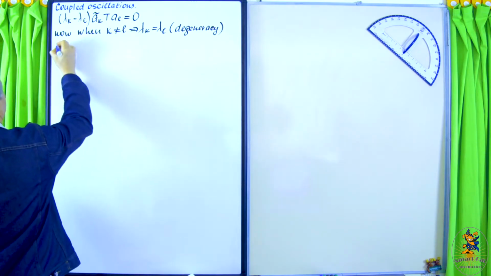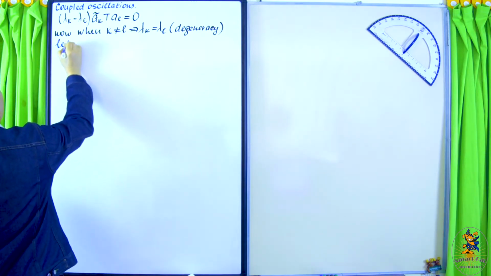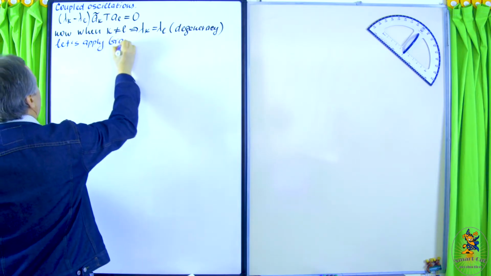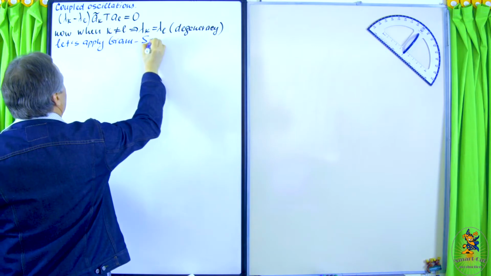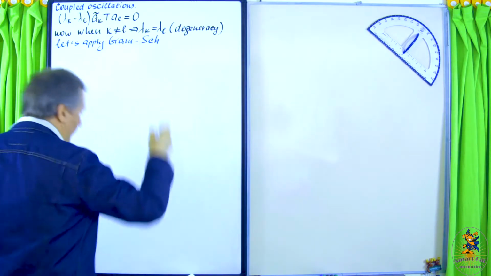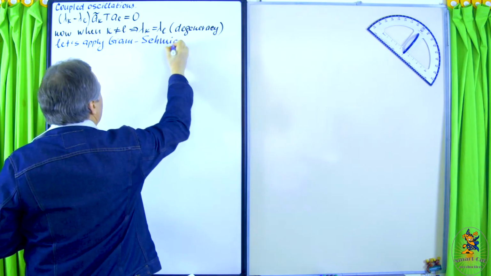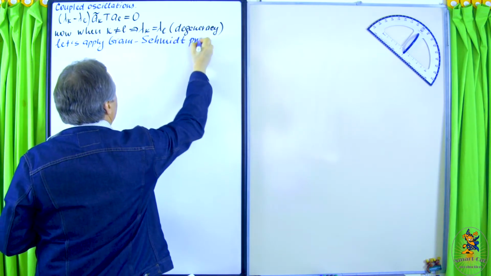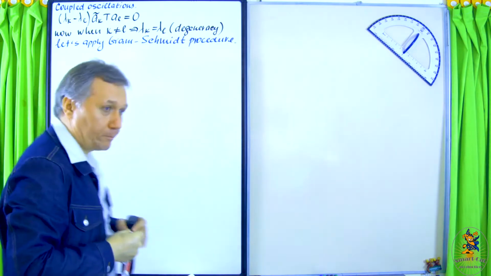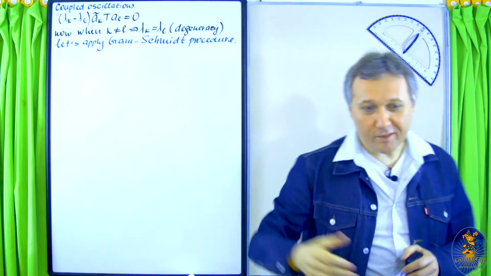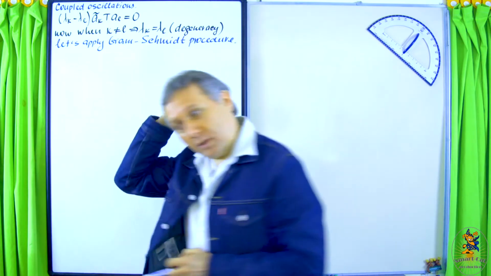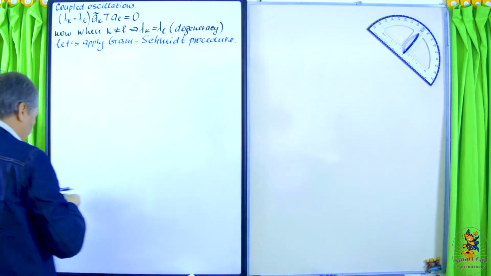Let's apply the Gram-Schmidt procedure. Let's assume that we solved our eigenvector problem and found all the eigenvalues and eigenvectors.